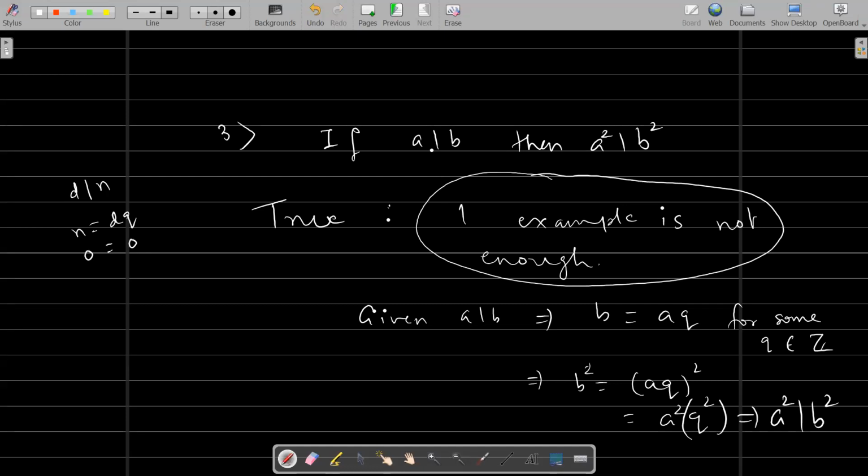If both are 0, the trouble is I can take q as anything: 1, 2, 3, 4. So there won't be a unique answer. Answers will be different. We want a unique answer for the division. So just to avoid all such logical troubles, we assume that the divisor is non-zero.